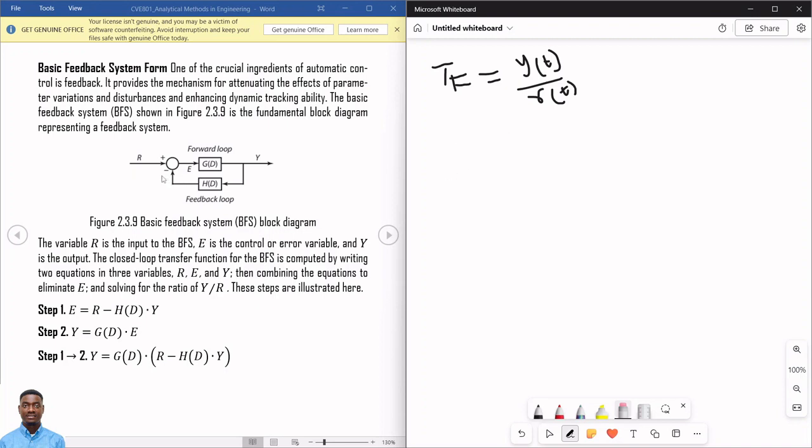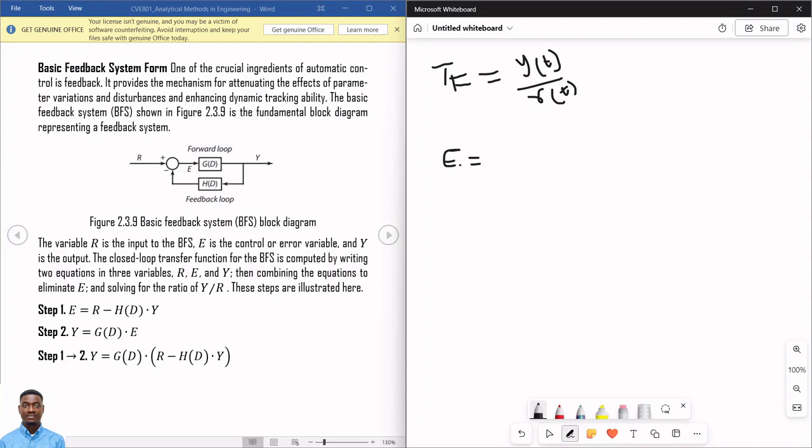So Y is the signal here. This is a pick-off point. The same Y flows into this, right? And flows into this negative terminal here. So R minus Y into this gives E. So E, which is the signal on this line here, is as a result of Y, the same Y from this pick-off point that runs into here.